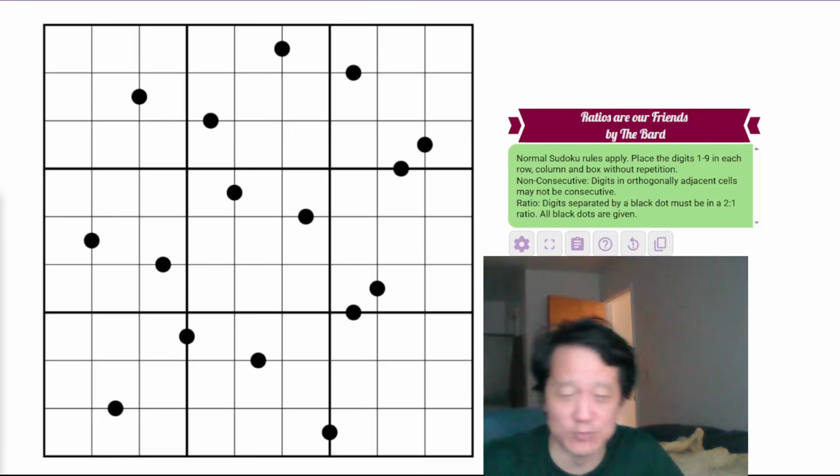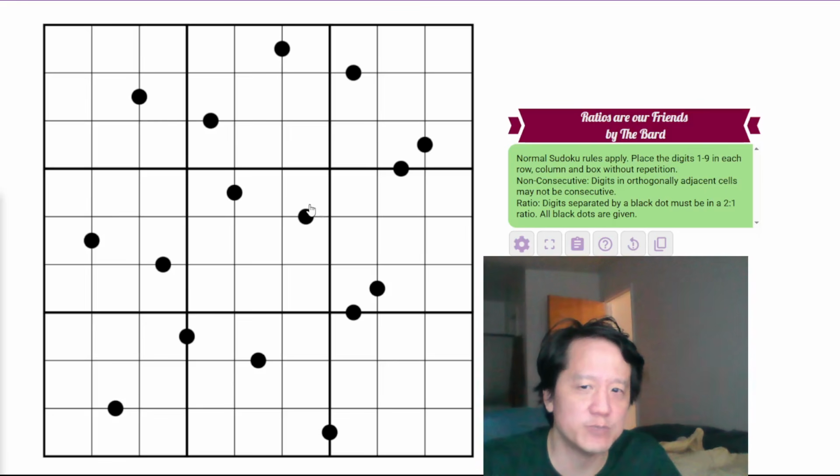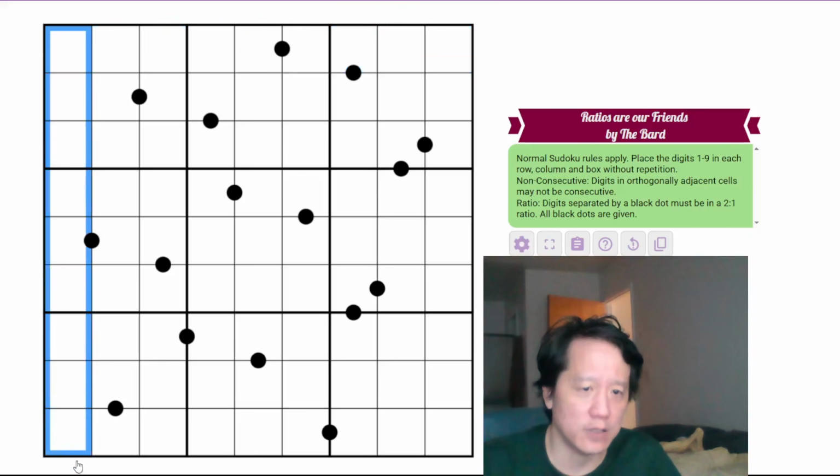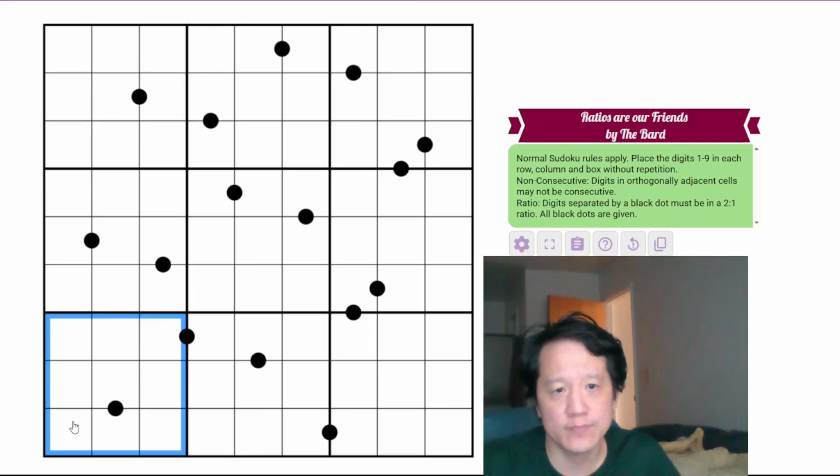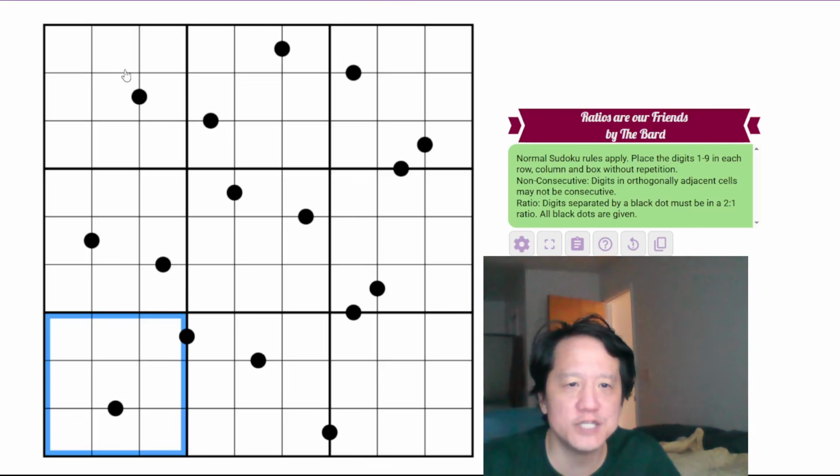And here are the rules. Normal Sudoku rules apply, which means place the digits 1 through 9 in each row, column, and box without repetition. We have non-consecutive, where digits in orthogonally adjacent cells may not be consecutive. What is an orthogonally adjacent cell? It means cells that share an edge.